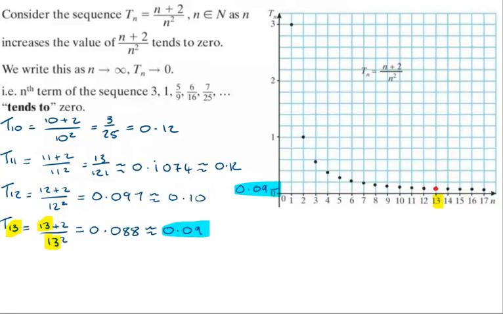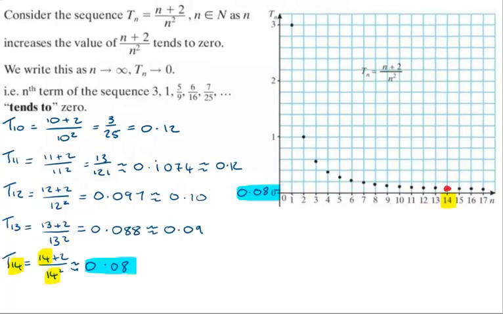T12, T13, T14. Hopefully you can notice that all our outputs are getting closer and closer to 0. So we have 0.12, 0.12, 0.10, 0.09, 0.08. So we should see this number getting closer and closer to 0 because the graph is tending to 0.